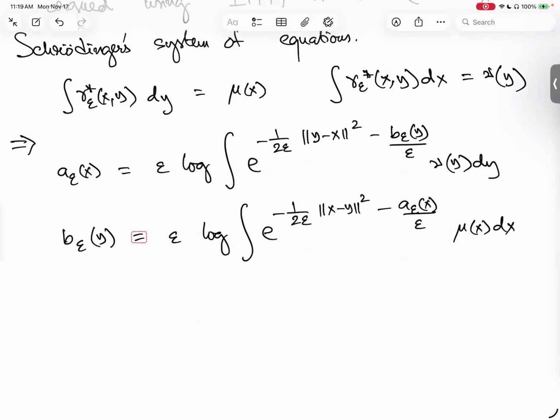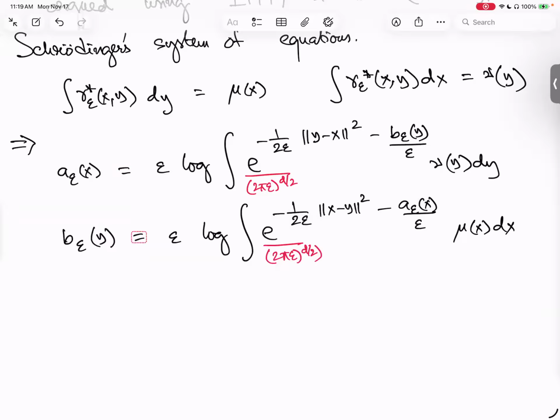Now, one thing I should say here is that I am not quite keeping track of the constant term here, but if you wish, you can write this as 2 pi epsilon to the power d over 2 as well. It doesn't matter. This is just a constant.